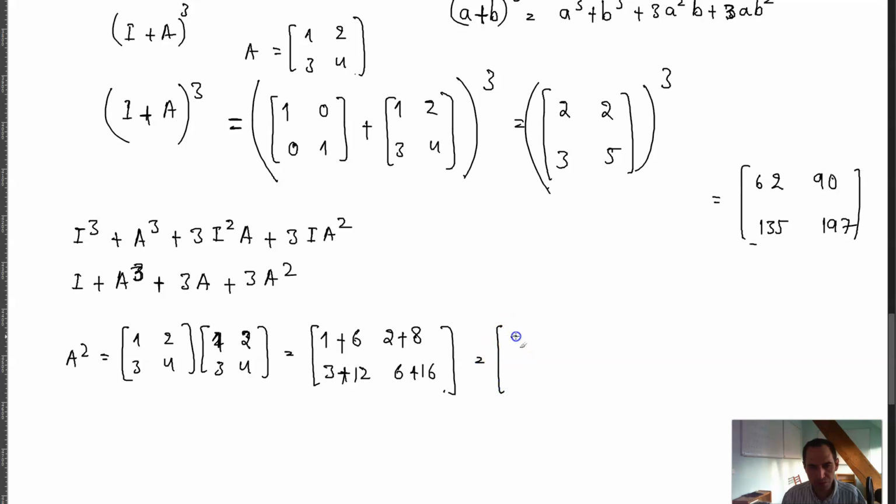So that is equal to 7, 10, 15, and 22. That is A squared.